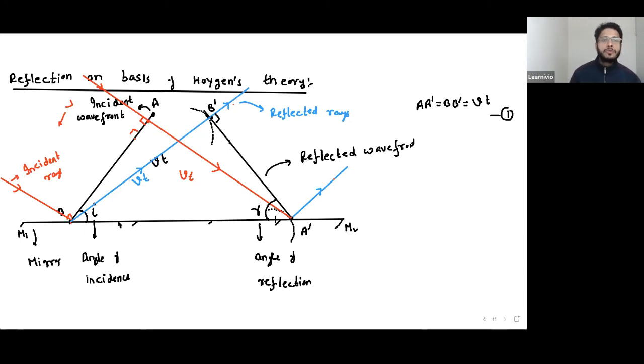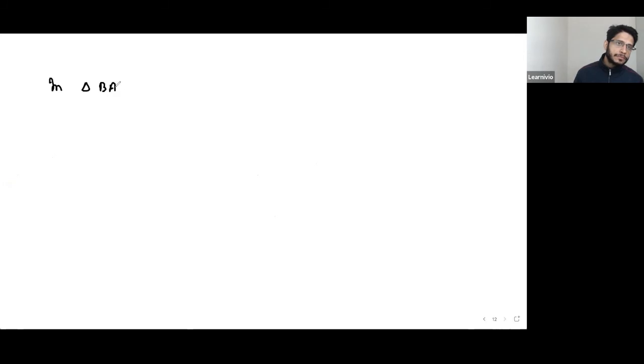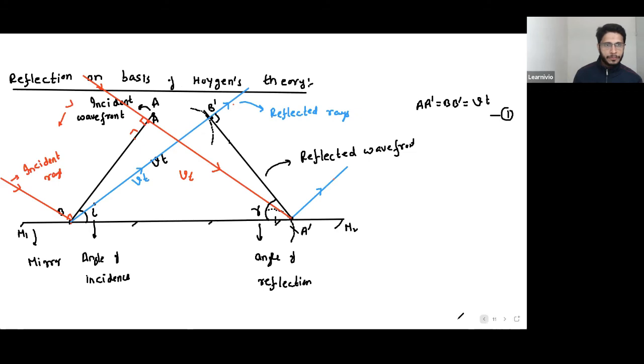So you just have to prove that this I and R are equal. To prove that, you can show that this right angle triangle and this other triangle are congruent. So I'm taking these two triangles, triangle BAA prime and triangle B prime A prime.